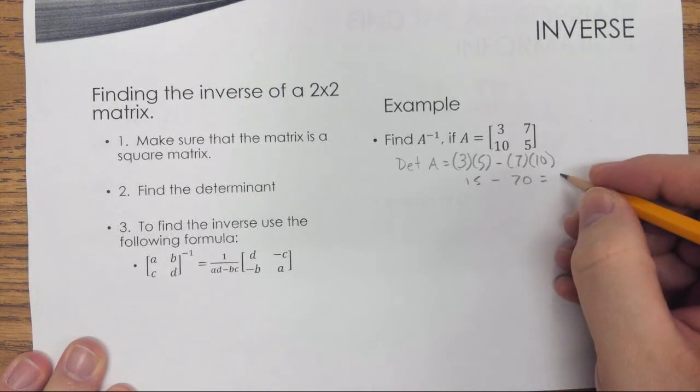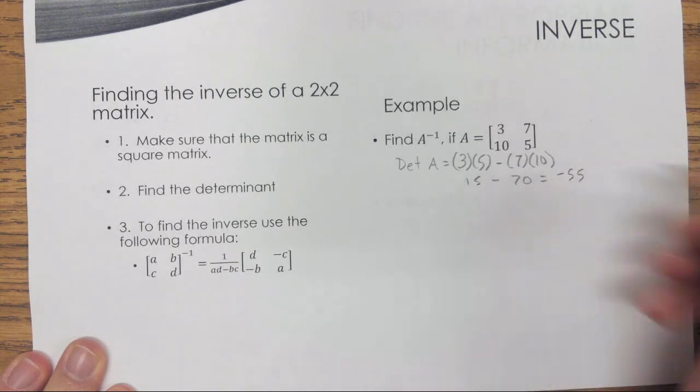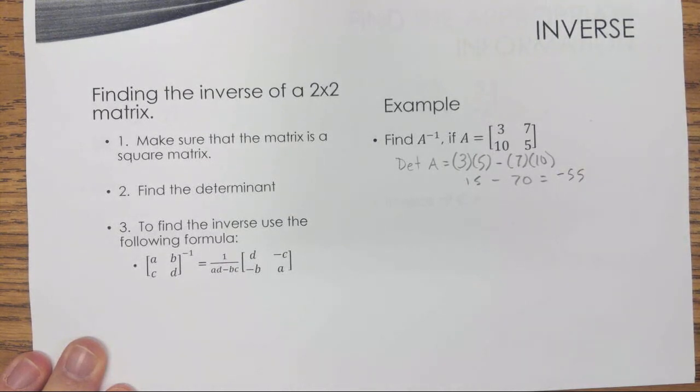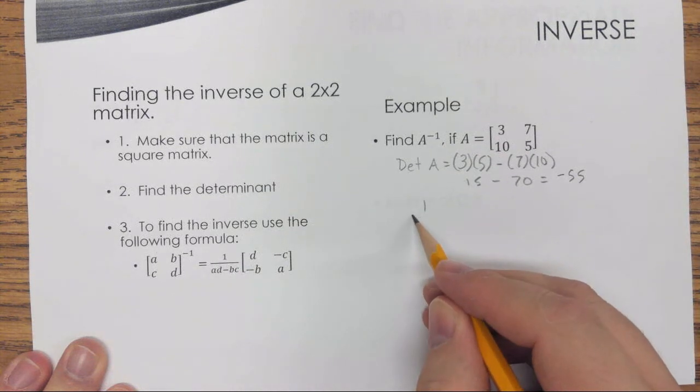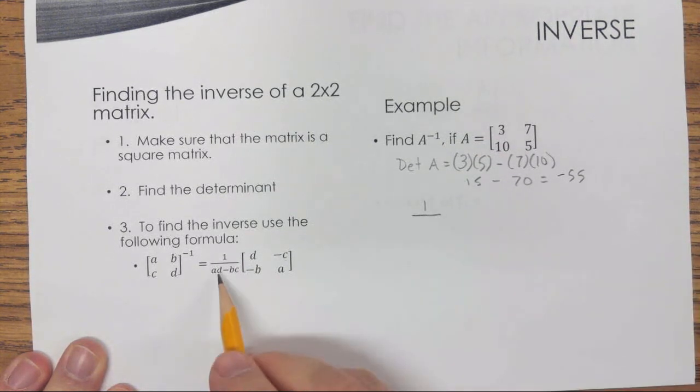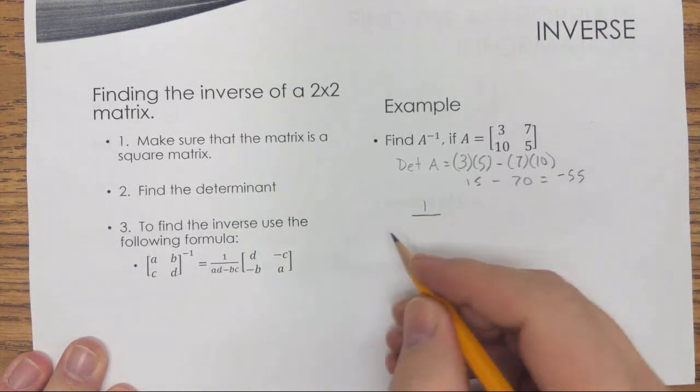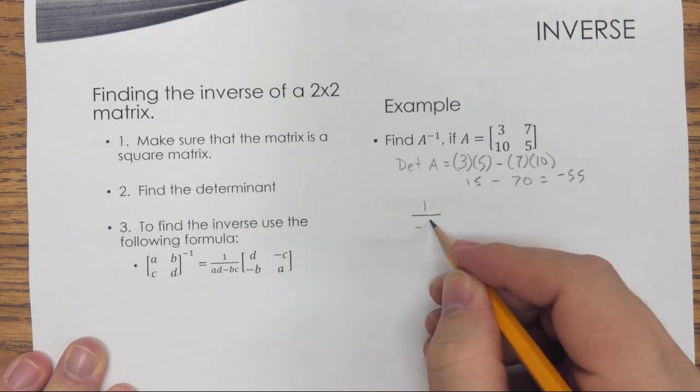That's equal to negative 55. Okay. Now let's find the inverse of A. So, what I do is I do 1 over negative 55, because this number right here is going to be the determinant.